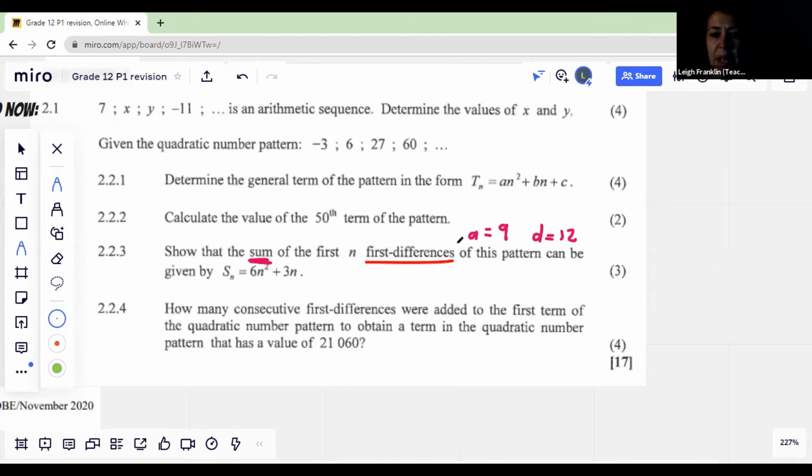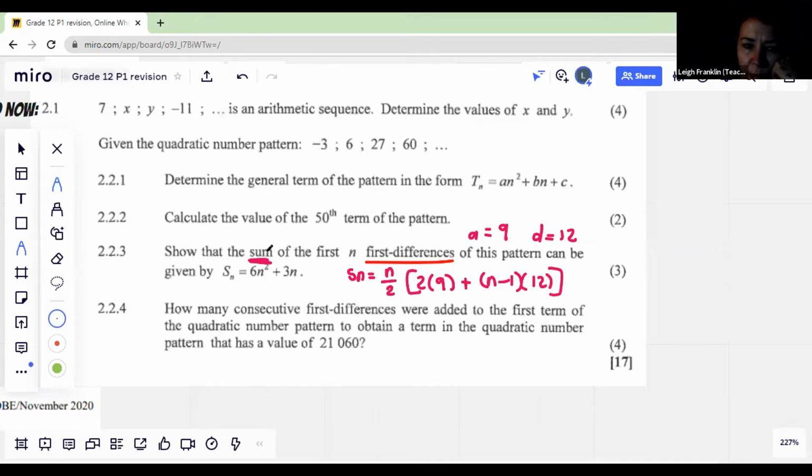Okay. So if they want us to calculate the sum of the first differences, that is an arithmetic sum. So we have to use the formula Sn equals n over 2 times 2a plus n minus 1, and then our difference.